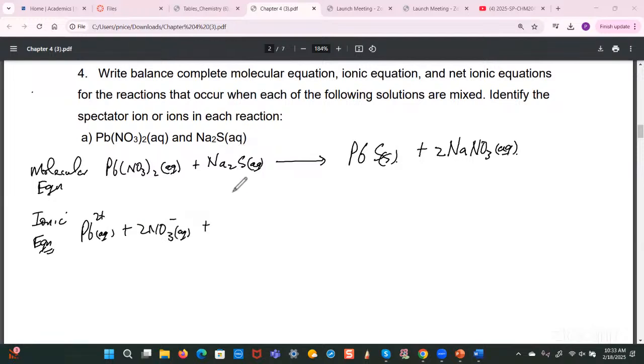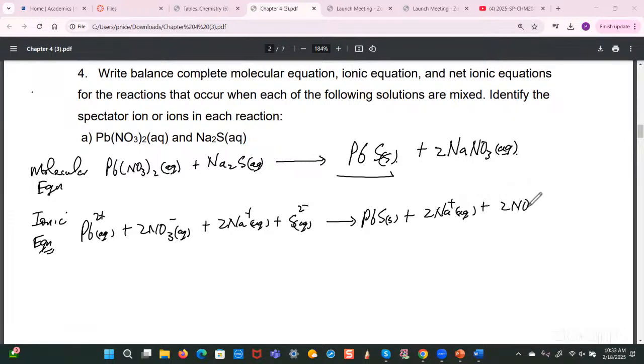The sodium sulfide will split up to form 2 Na+ aqueous plus S2- aqueous. On the product side, since PbS is a solid, it will not split up, so it will remain as PbS solid. The sodium nitrate will dissociate to form 2 Na+ aqueous plus 2 NO3- aqueous. So that would be the ionic equation.